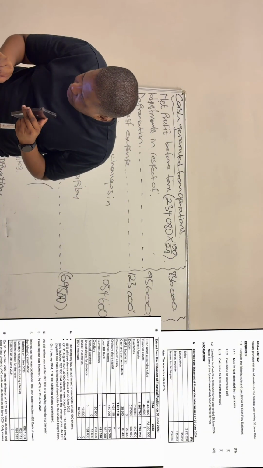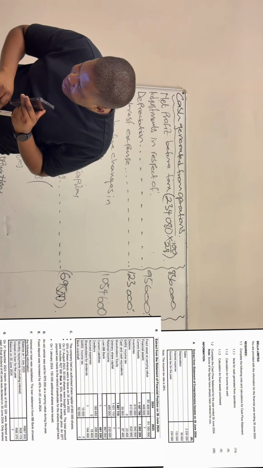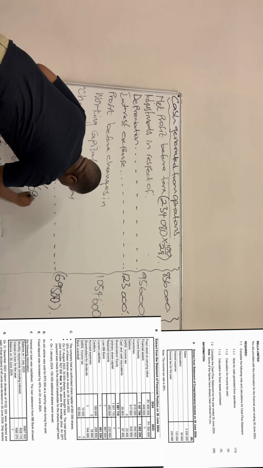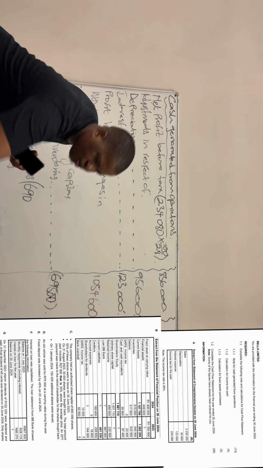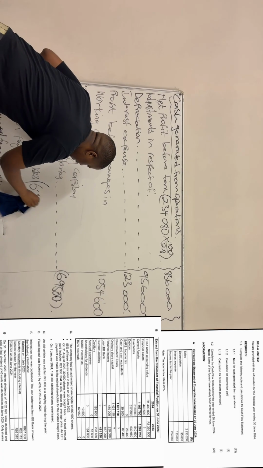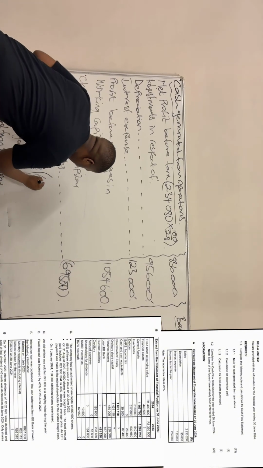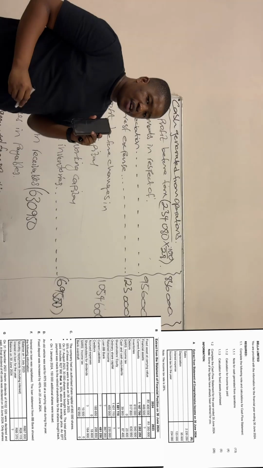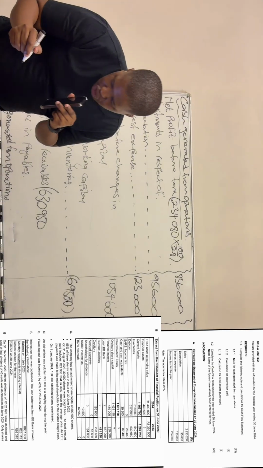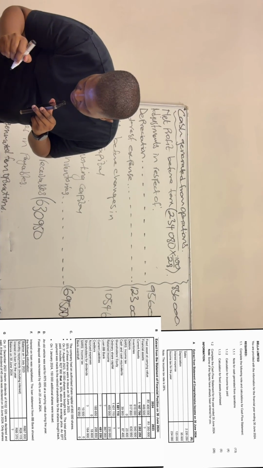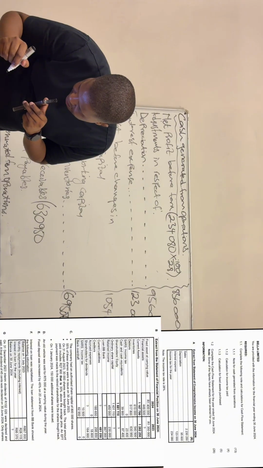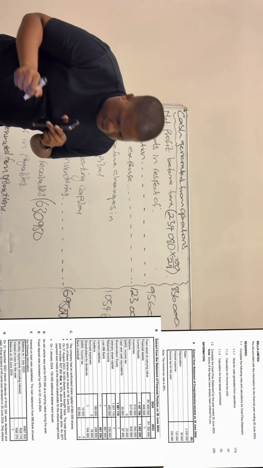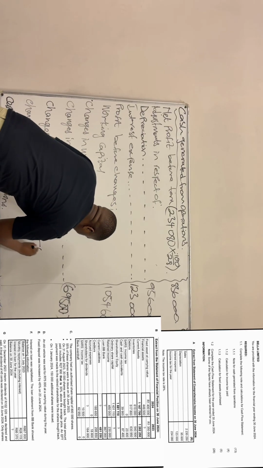Therefore, for 2023, we are only going to take the debtors of 630,950. This is your total of your receivables for last year. Then for this year, again, we still take debtors only of 517,800.